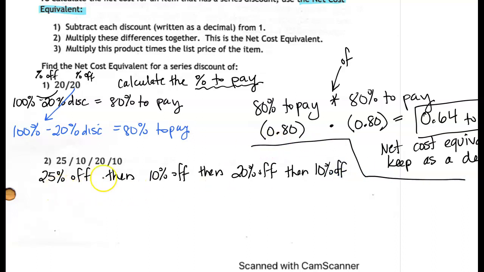Okay. So we have 4 different discounts that would apply. You first take the 25% off, then after you get that total, you take 10% off that, then after that total, 20% off, then after that, 10% off.